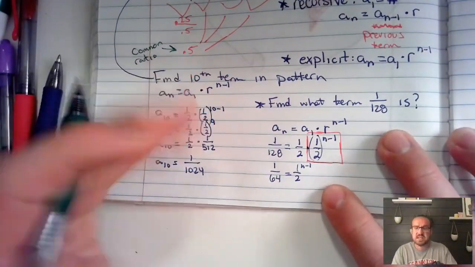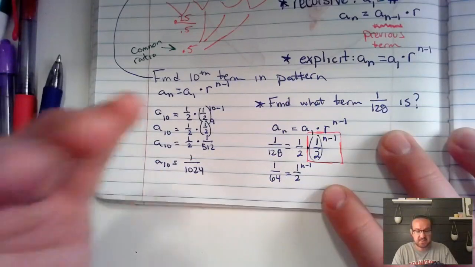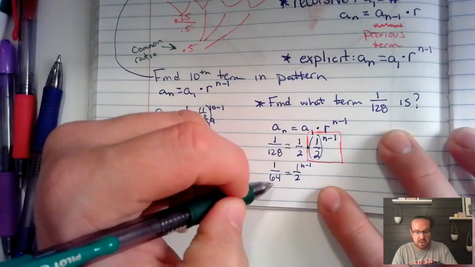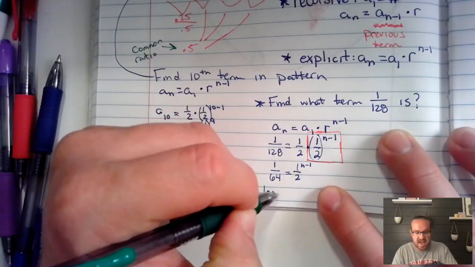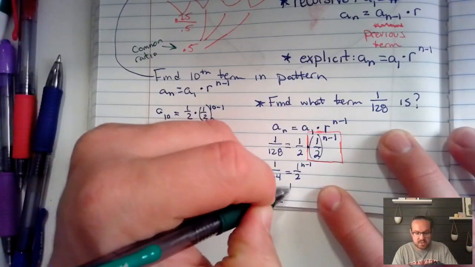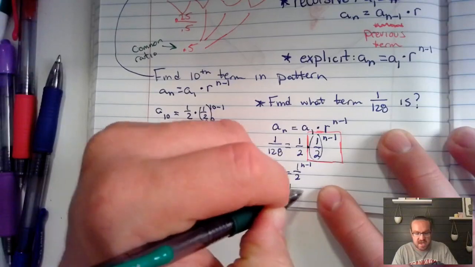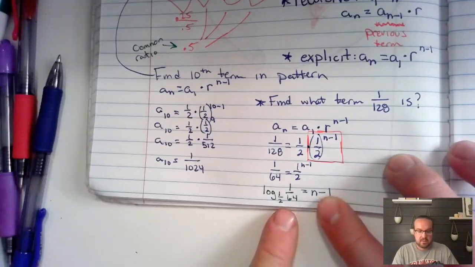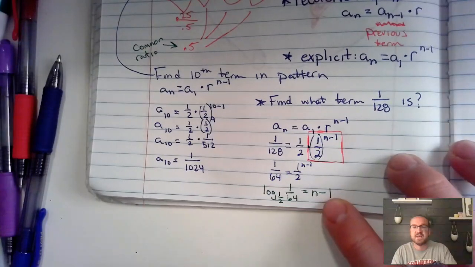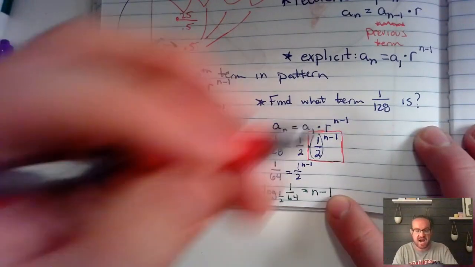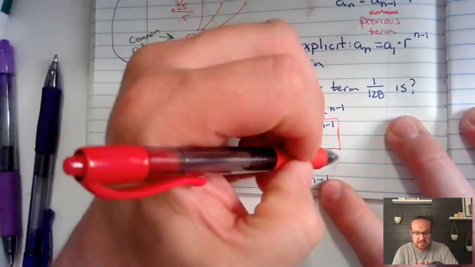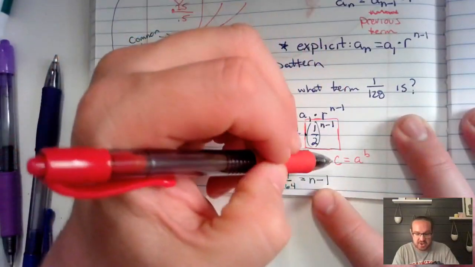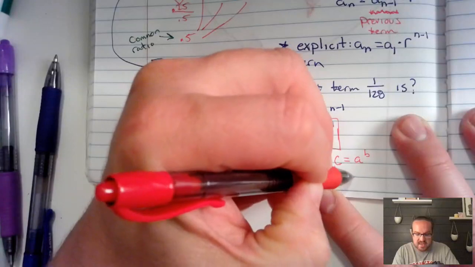It looks like my variable is in the exponent, so I could switch this around and say log base 1/2 of 1/64 is n minus 1. Remember, I'm adhering to these guidelines right here: if I have c equals a raised to the b, then I just rewrite it in this form.